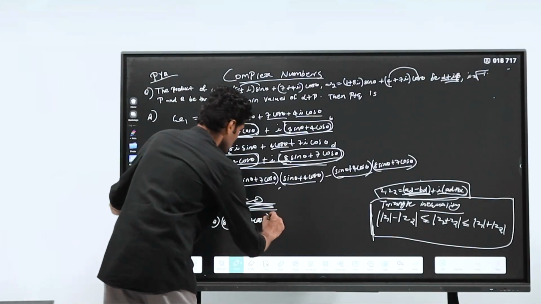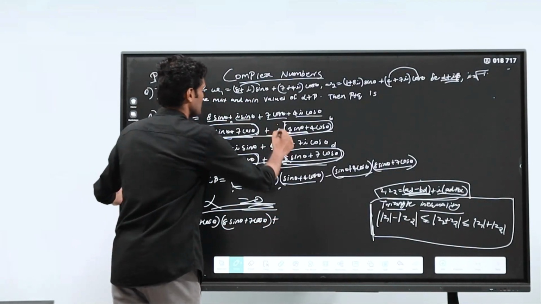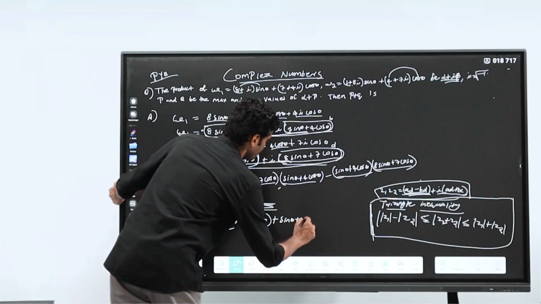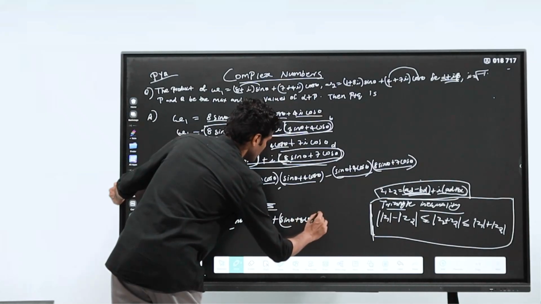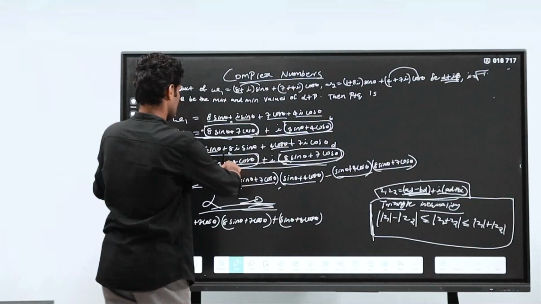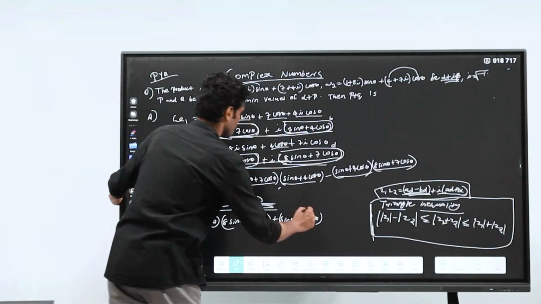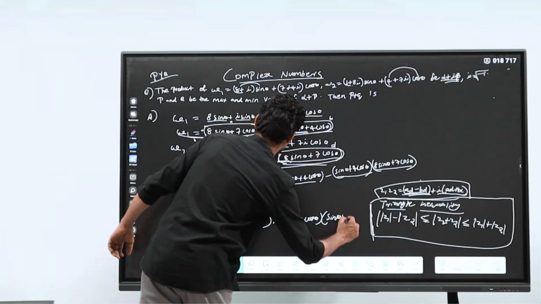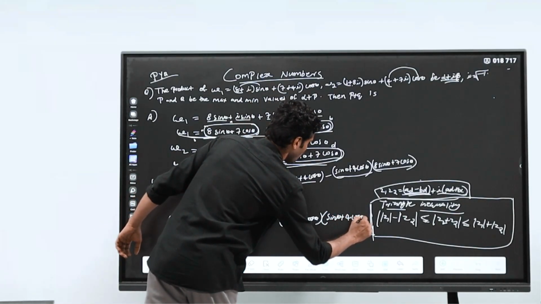AD plus BC. What is BC? B is sine theta plus 4 cos theta, multiplied by C. What is C? C is sine theta plus 4 cos theta.